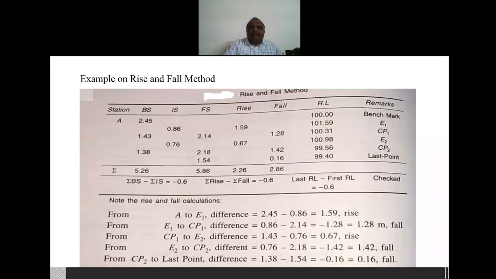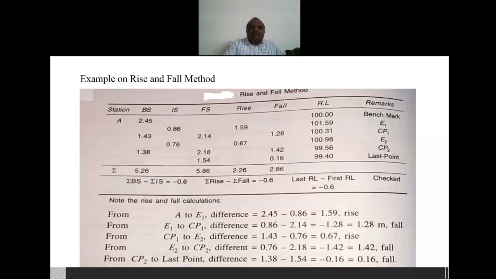Once again repeating, sigma BS minus sigma FS is equal to the summation of rise minus the summation of fall.